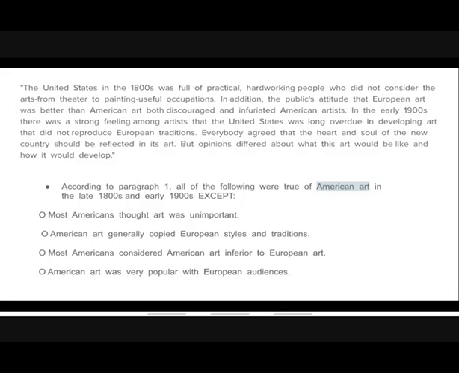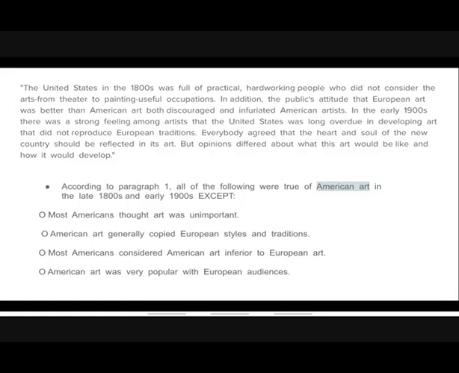We read the paragraph and we see that our answer is scattered through all of the paragraph. When we read "useful occupations" in the second line, we know that the first choice is right because it has the same meaning.